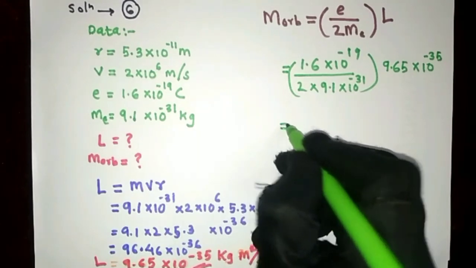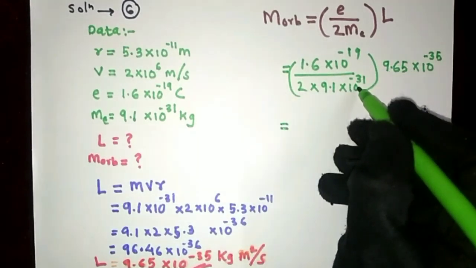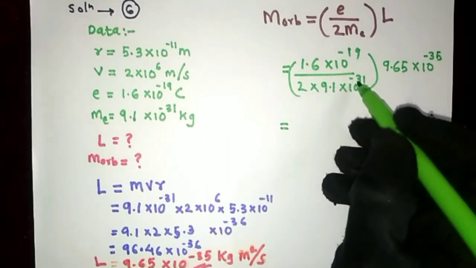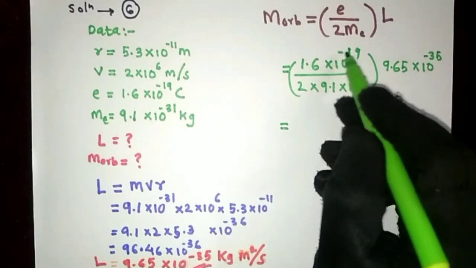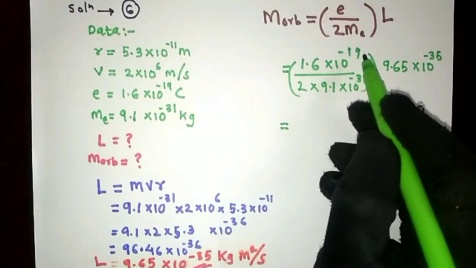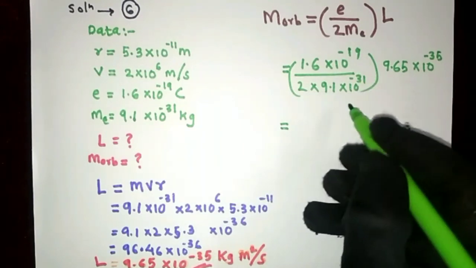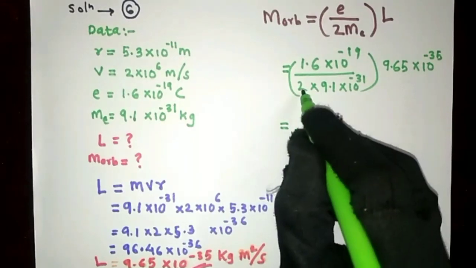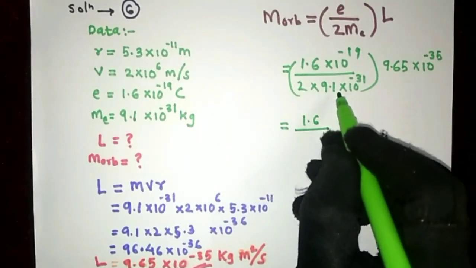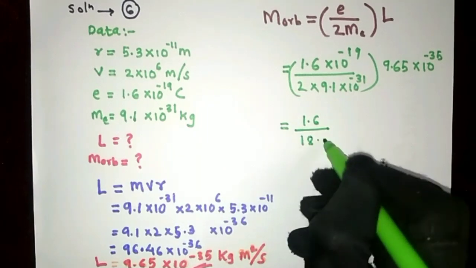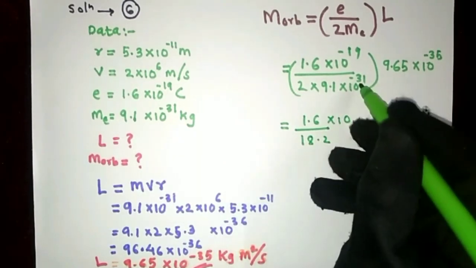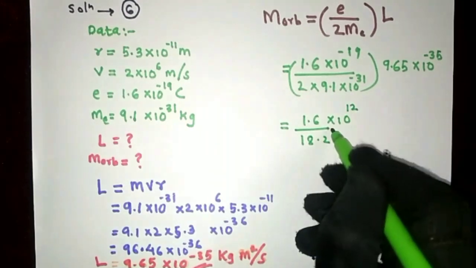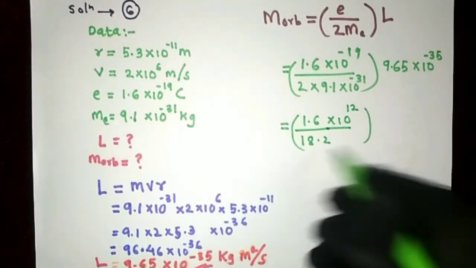So minus 19 and minus 31: minus 31 is in the denominator, when we take it into the numerator it becomes plus 31. So minus 19 and plus 31 gives plus 12. So 1.6 upon, 2 multiplied by 9.1, that is 18.2, into 10 raised to plus 12. This is the term in the bracket.